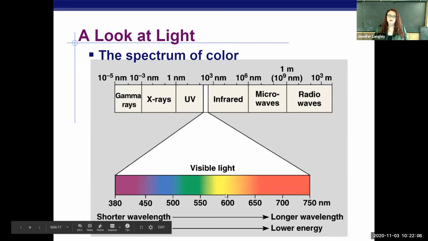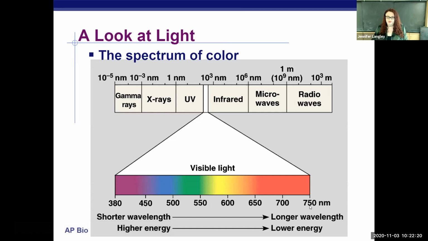Okay. So back to our spectrum of light we talked about at the beginning. We see visible light in a range of 380 nanometers to 750 nanometer wavelengths. Now, if you remember back, for some of you, it may have to be all the way back to like 8th grade when you talked about light.